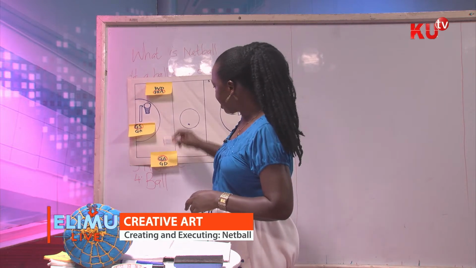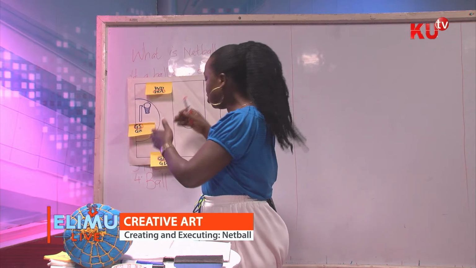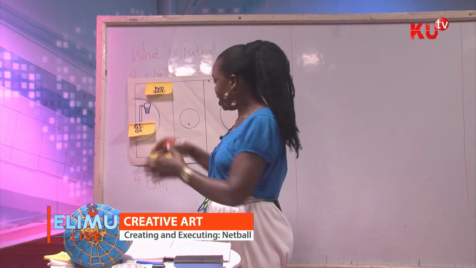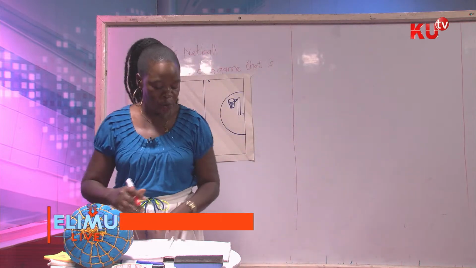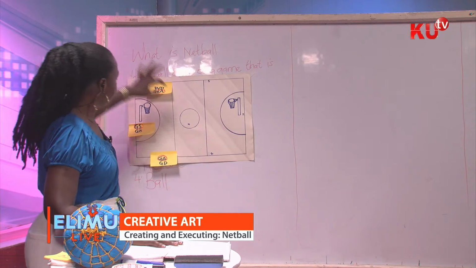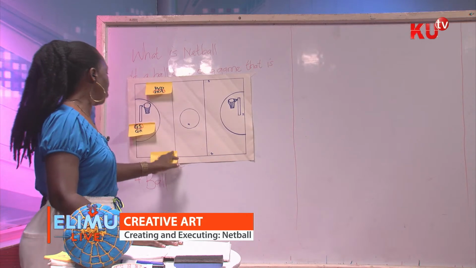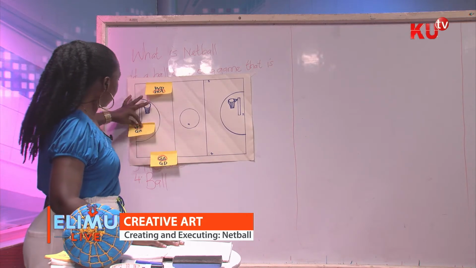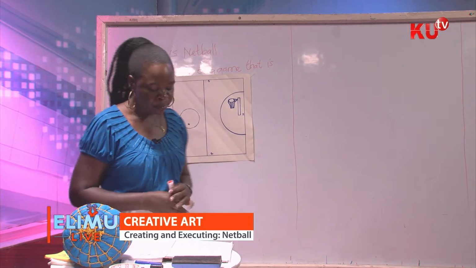The work of the goal defender is to defend the goal attacker from receiving the balls to shoot to the goal shooter. So the goal defender makes sure that the ball does not enter this circle, while the goal attacker makes sure that the ball is passed to the goal shooter in order to score the goal.